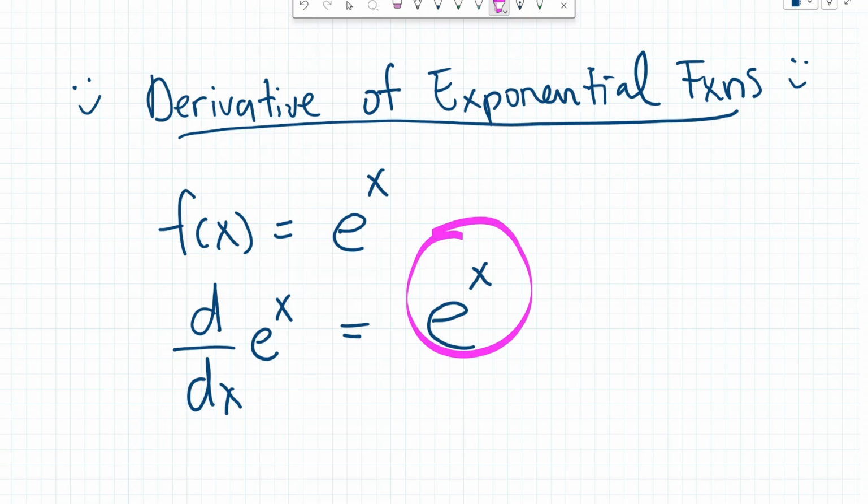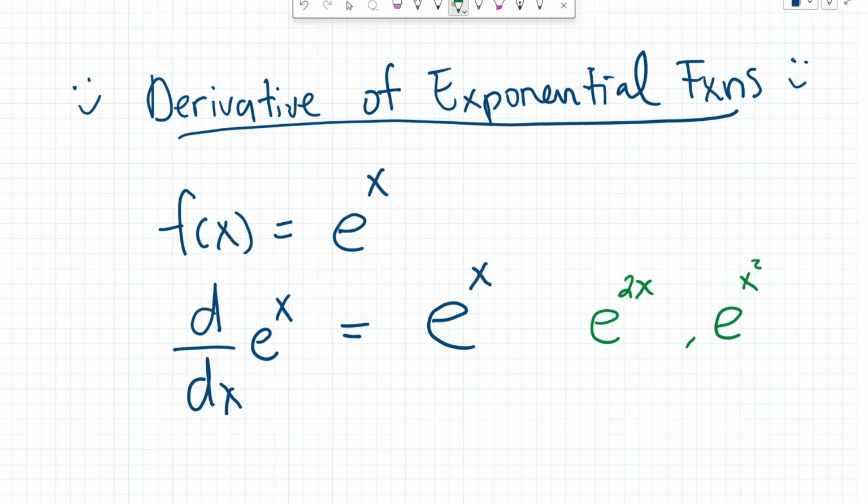However, we have to consider some cases where we have more in the exponent instead of just x. What if we have, for example, e to the 2x or e to the x squared plus 7? This is where we have to use a combination of derivative rules with the chain rule in order to find the final derivative.